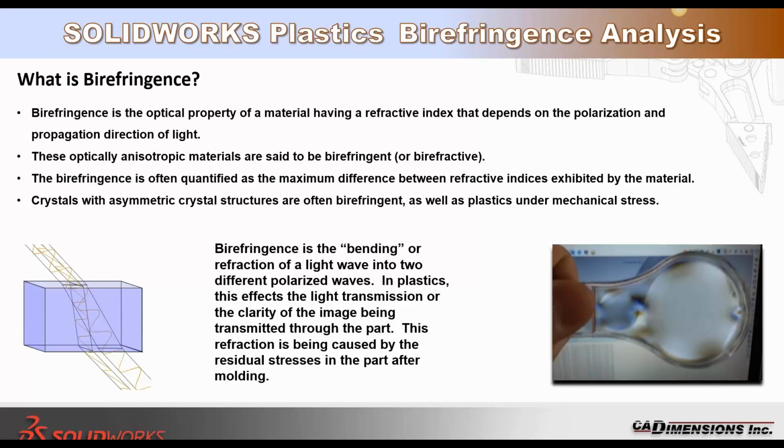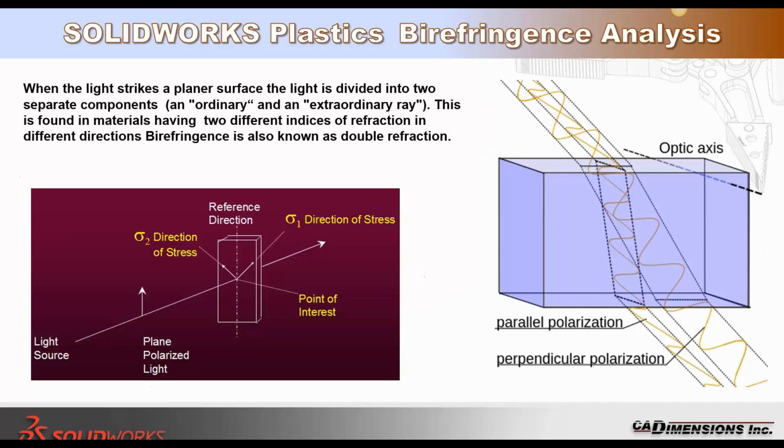Because as you know, physical properties for your injection molding machine change from process to process within the injection molding cycle. So you might change the initial injection pressure or the pack hold pressure, depending on what you're looking to do and how you plan on reducing this birefringence.